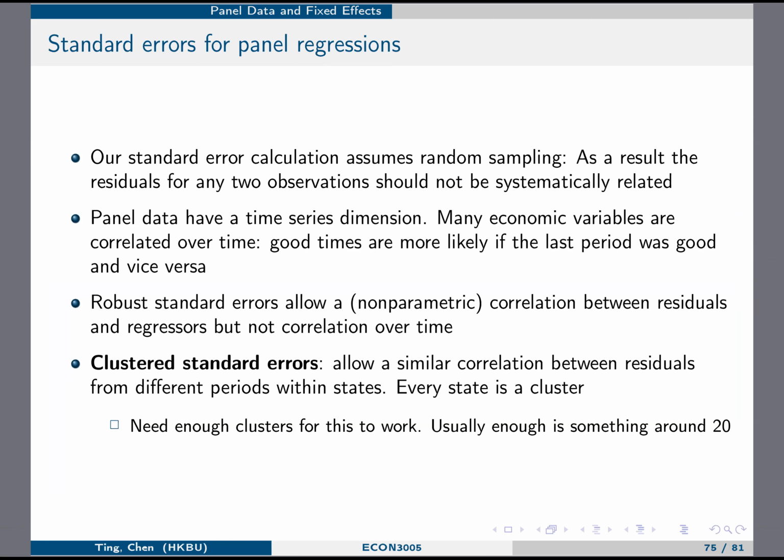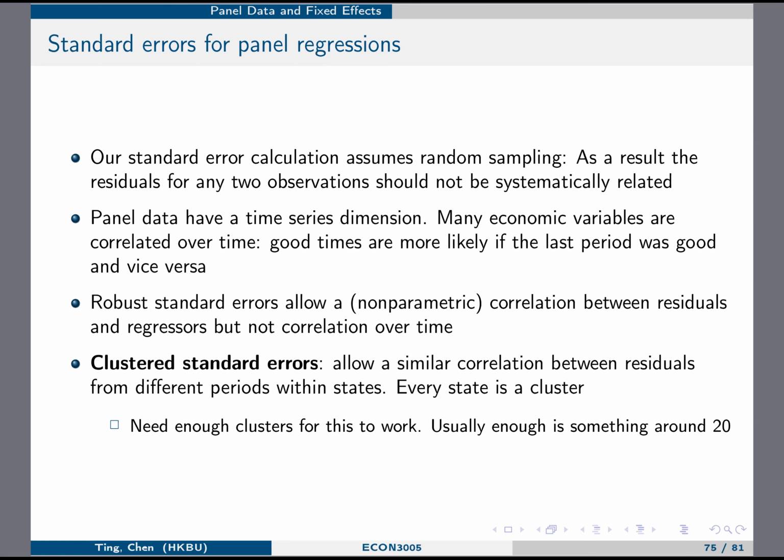Now think about the standard error for the panel regression. Our standard error calculation assumes random sampling, right? As a result, the residuals for any two observations should not be systematically related, okay?